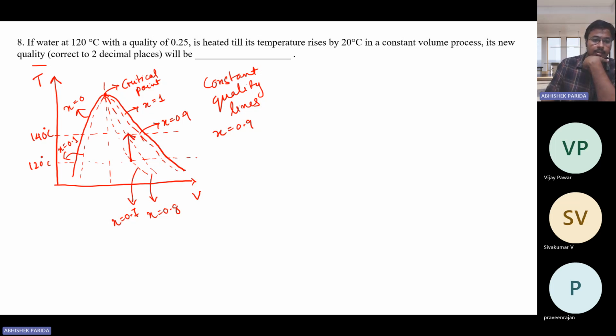Okay. So does the quality increase or decrease? Increases. Correct. So in this first case, the quality is increasing.